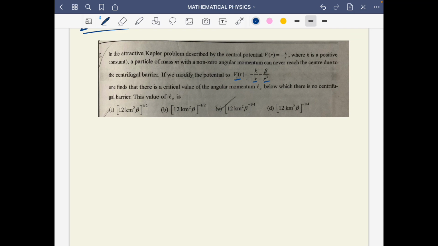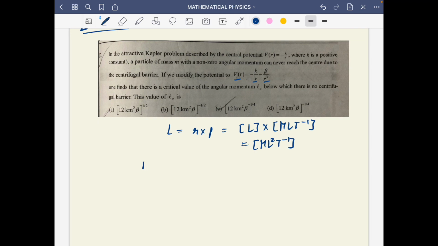Since we know the angular momentum L is r cross p, its dimension will be M L square T to the power minus 1.